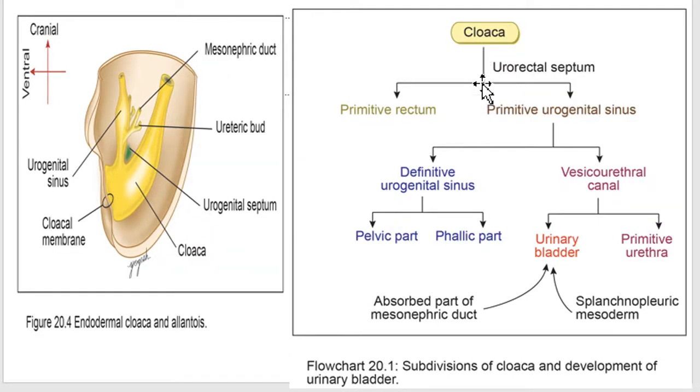So the cloaca divides into the primitive rectum and the primitive urogenital sinus. From the vesicourethral canal, the urinary bladder and primitive urethra develop.